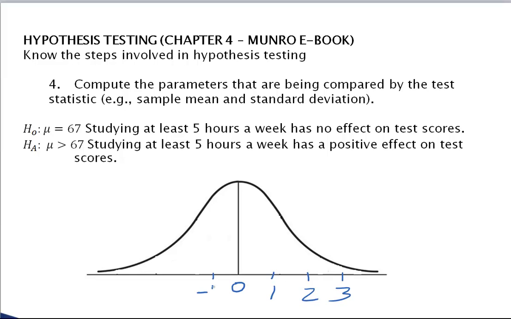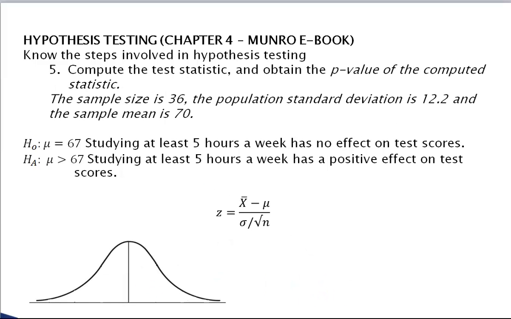And I go over this in the chapter 3 video. So these are negative standard deviations away. And certain percents fall within 1 and -1 standard deviations away from the mean, and we look at this quite a bit in chapter 3. Just review there, and please watch it if you haven't.